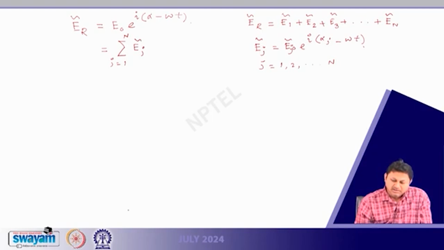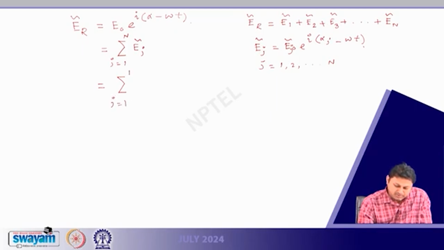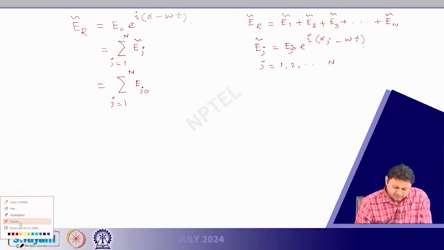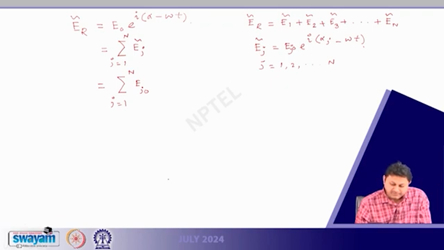Now again, I can write this as a summation, j from 1 to n, and Ej is this quantity, so I write Ej0, that is the amplitude. Maybe I shouldn't put the tilde over the amplitude because for the time being we consider this a real quantity, so I can remove it for consistency. Then I have e to the power of i (alpha j minus omega t).